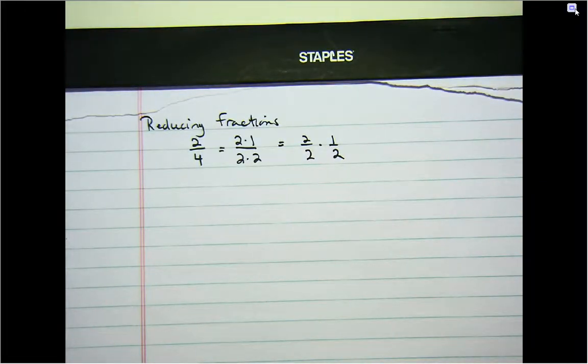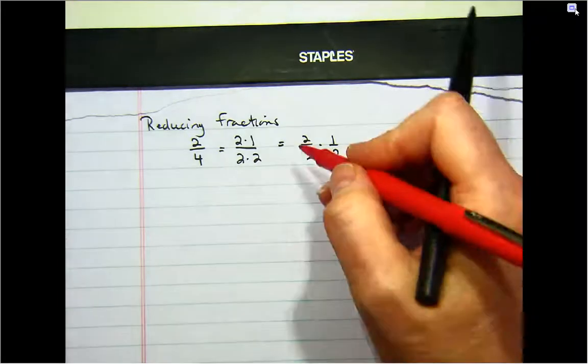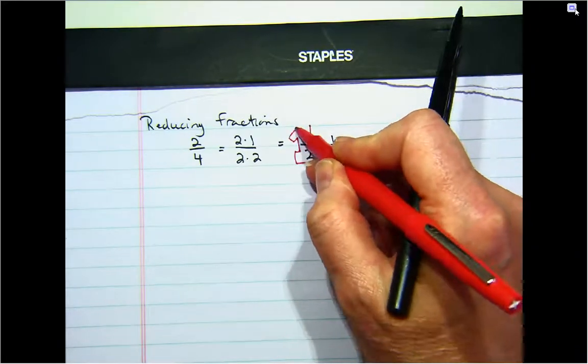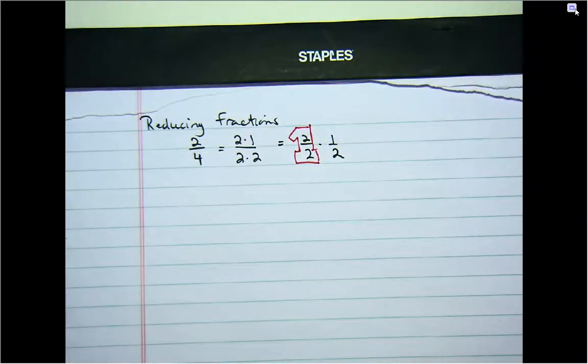And the reason you want to do that is because 2 halves is just 1. We already saw that on the first circle we divided. We took 1 and divided it into 1/2 and 1/2, or 2 halves. So this is just a 1. So when the top and the bottom of the fraction are the same, you're just looking at the value 1. And of course, if you take 1 and multiply it times anything, you have what you started with. So this is just a half.